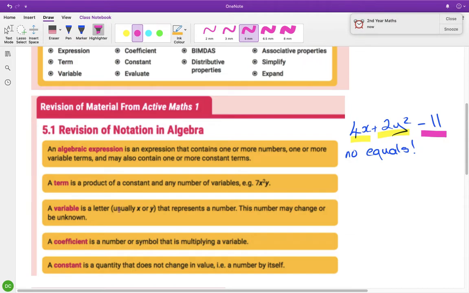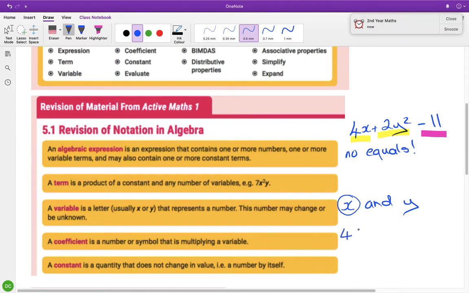Variables are the letters. So again, if I stick with my example, my variables are x and y. They're the letters. Coefficient is a number that is multiplied by a variable. So in my example, the x, which is one of my variables, is being multiplied by 4.